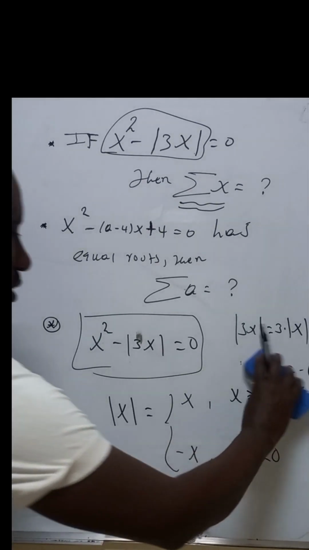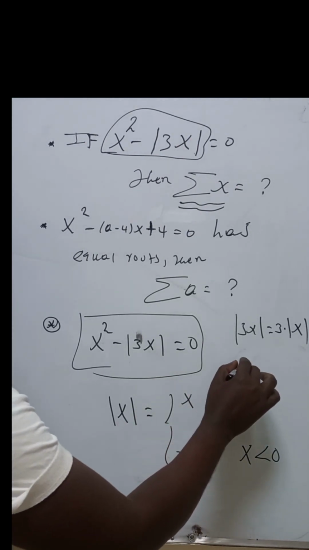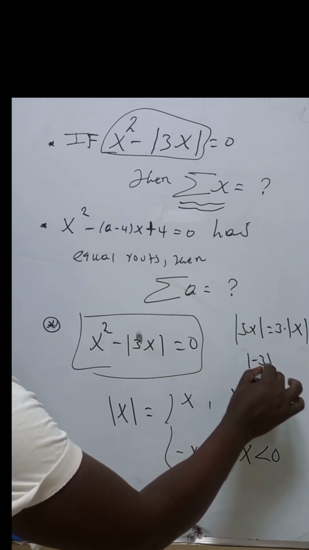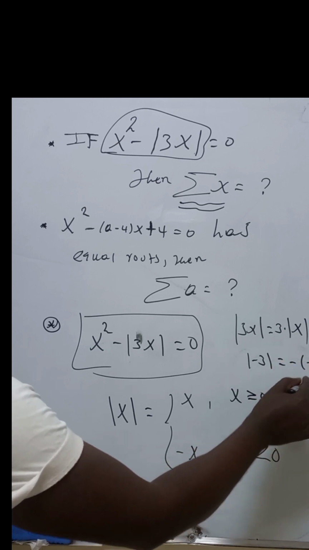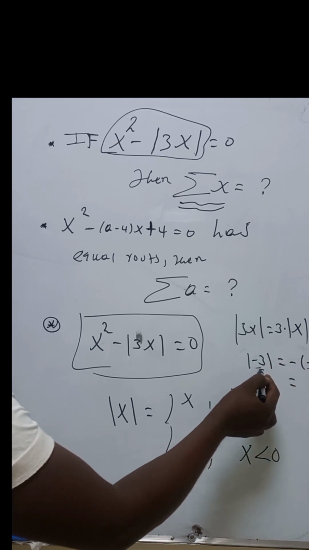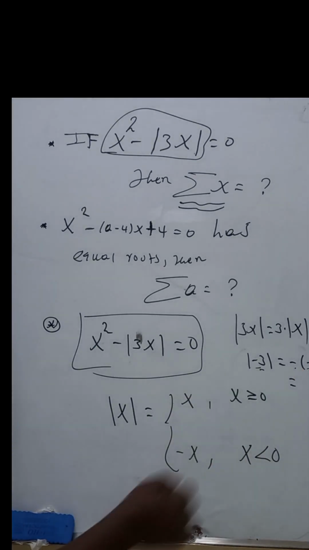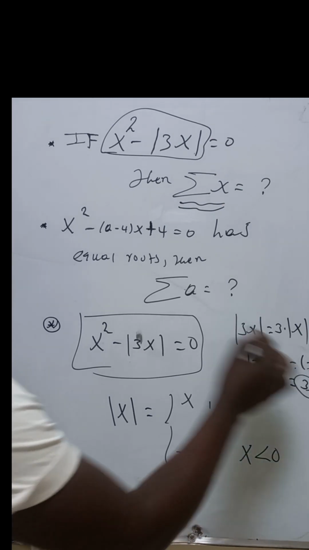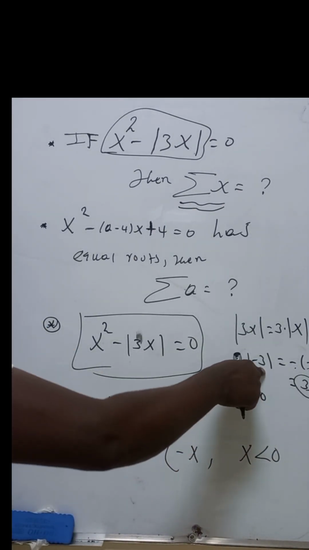Because of this principle, the modulus of minus 3 means minus of minus 3, because there is a negative measurement of distance. That's going to be 3. What is the meaning of this? What is the distance from the origin to the point negative 3?